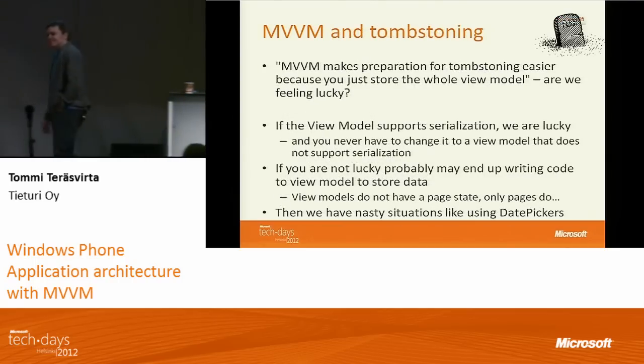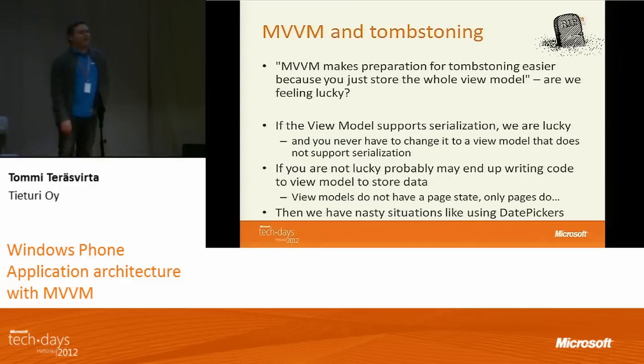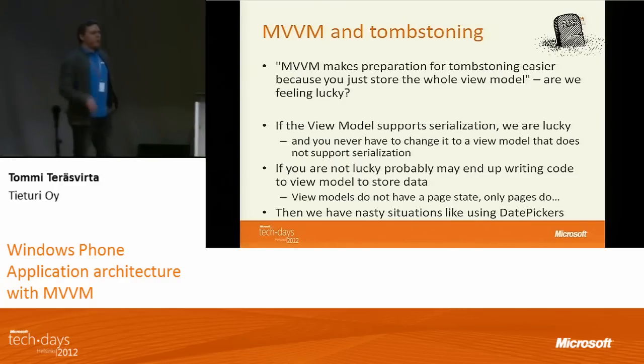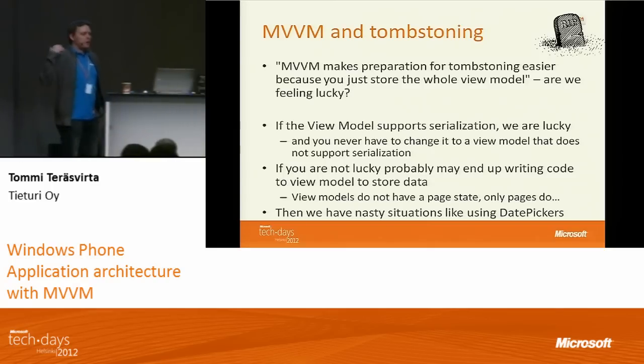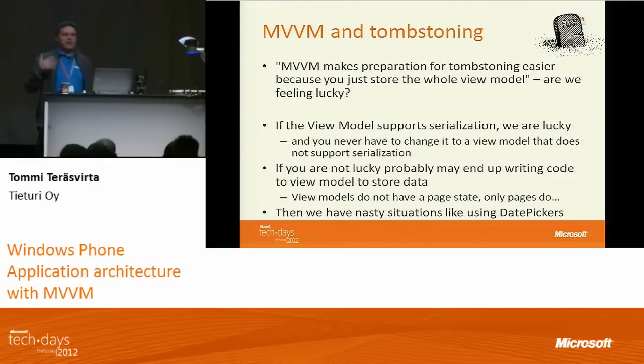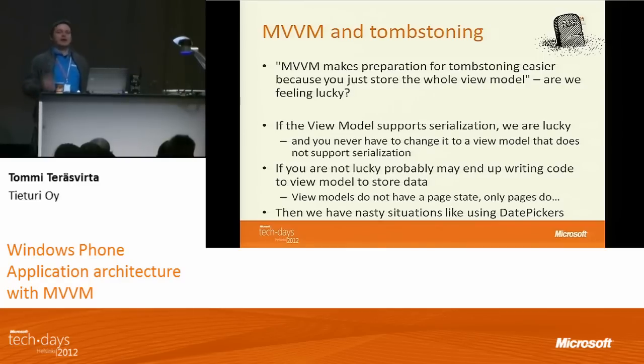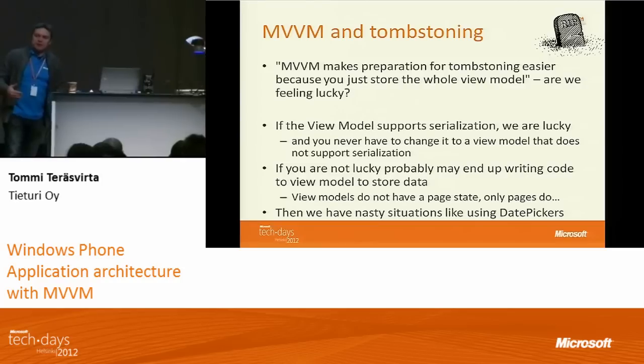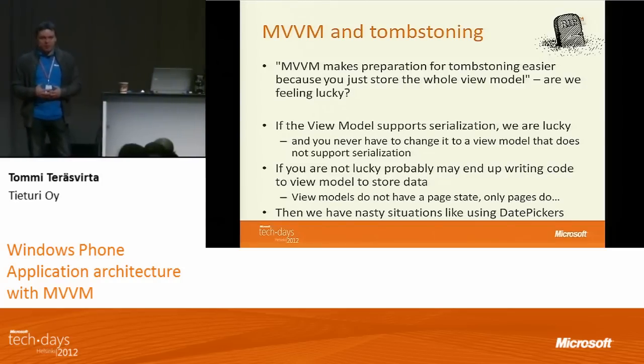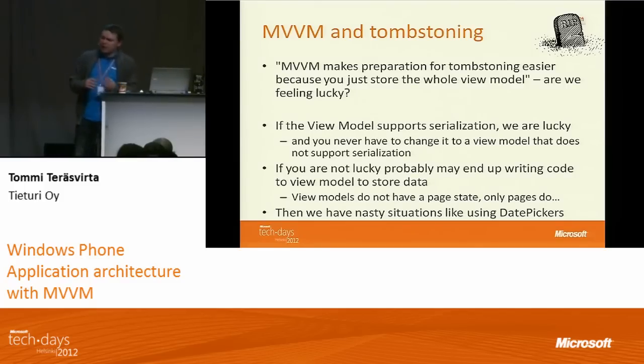Tombstoning. That's one thing where, for example, if I do a basic Windows Phone training course where we talk about data binding and MVVM, what I say is, okay, use MVVM and your world and your application become very, very simple when talking about tombstoning. Because if you have a little bit more complex UI, your application gets deactivated, your page gets deactivated.